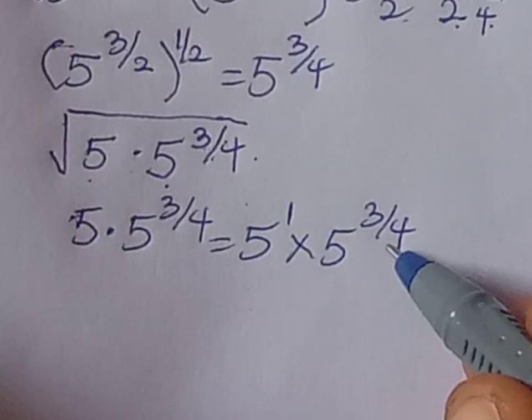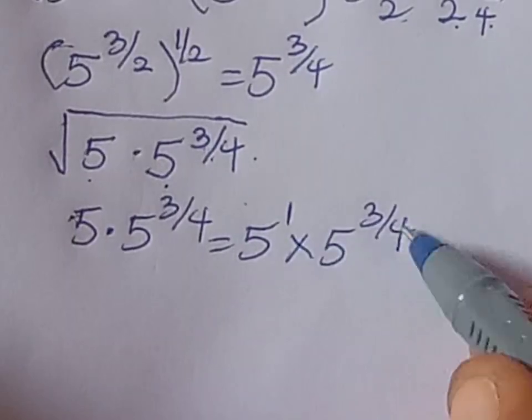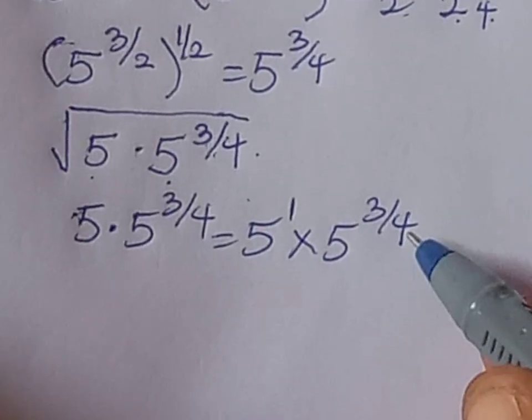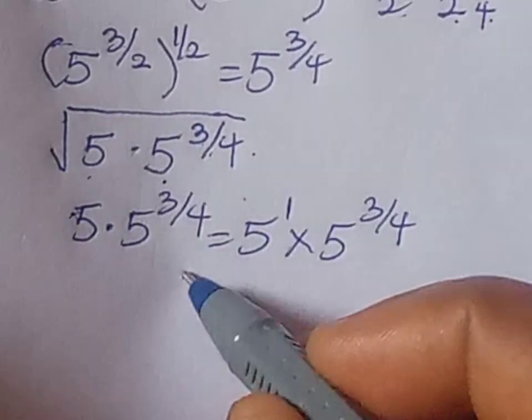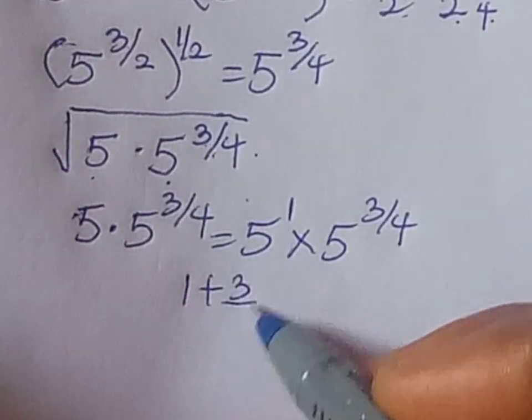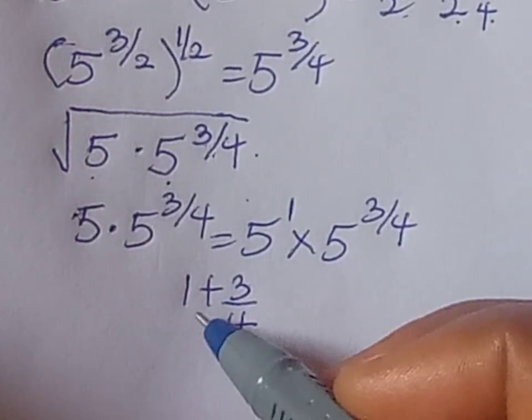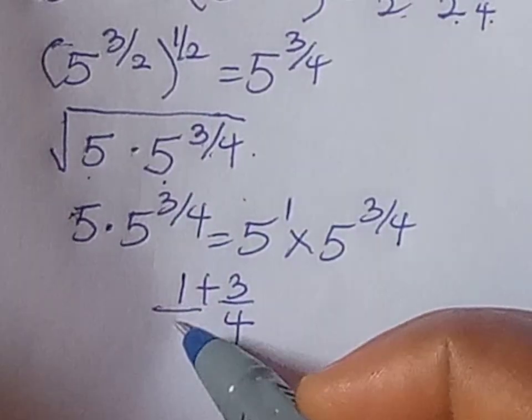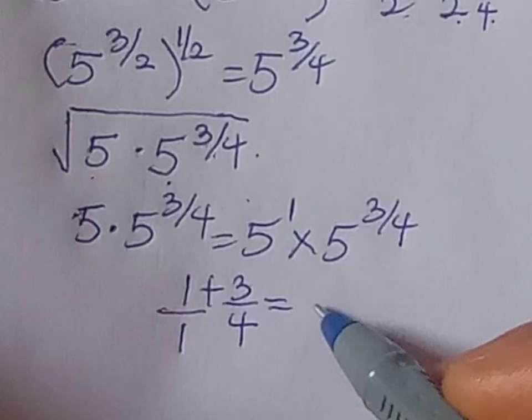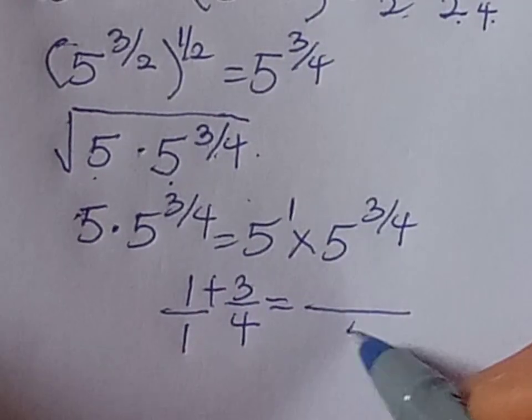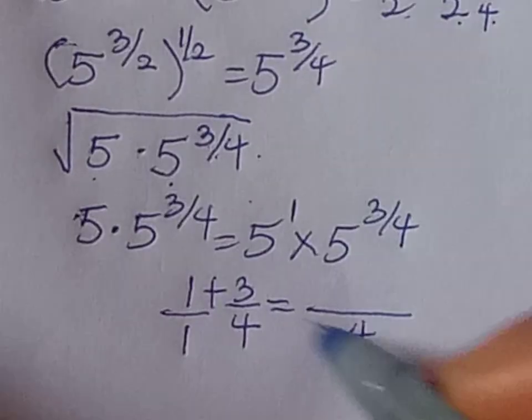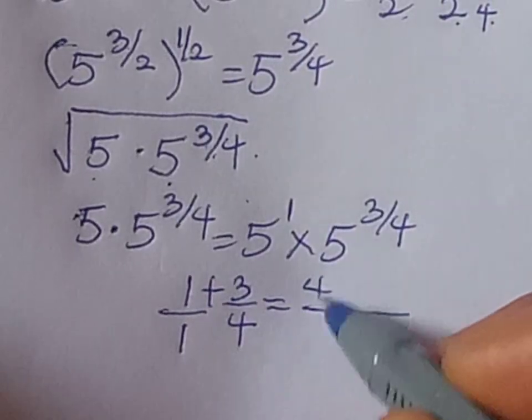Using our exponent rule, let's add the two exponents together, which will give us 1 plus 3 over 4. Ordinary one has an invisible 1 below it. So let's add up. Our denominator is 4. 1 in 4, 4. 4 times 1 will give us 4.